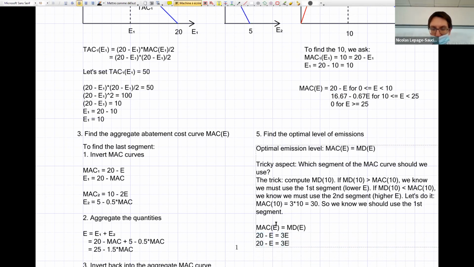So for E equals 20, so E equals 5. And we can see this is optimal emissions. But maybe I shouldn't use a star if I use it for market equilibrium, since it's not necessarily market equilibrium, but so that's the gist of it.